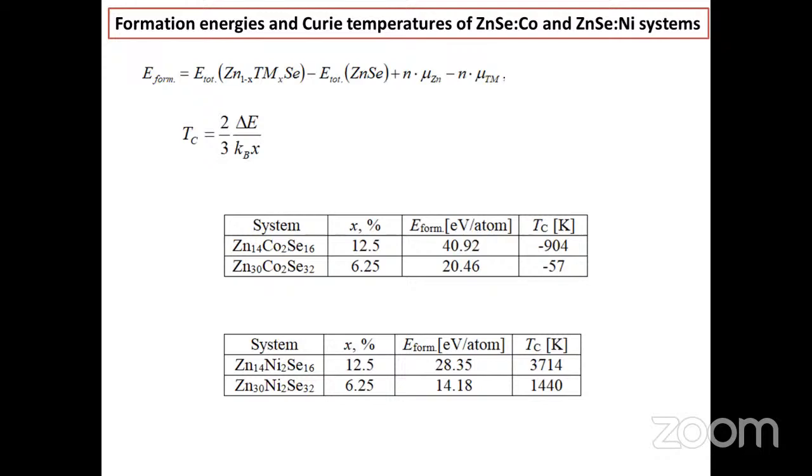The nickel doped zinc selenide systems show Curie temperatures higher than room temperature, and this diluted semiconductor material is a promising candidate for spintronic materials, and nickel doped zinc selenide shows half metallic ferromagnetic properties.